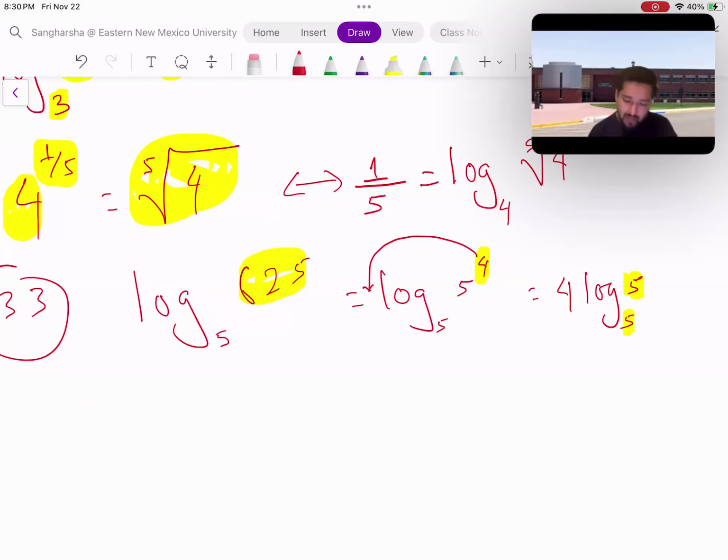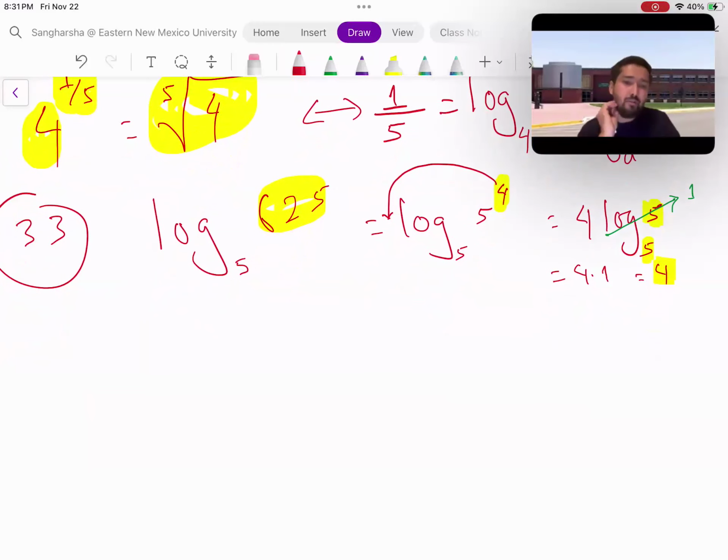It is always equal to 1. In general, if you have log of a to a base a, this is always equal to 1. So we have 4 times 1, and this is 4. And you can use your calculator to check this answer, but I need to see this work, okay?